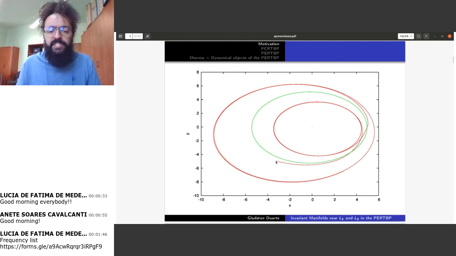Can you see my mouse if I point here? Yes. Okay, so here, Oterma is here, interacts with Jupiter, stays here. Mars's orbit should be around here, and Saturn should be around here. So Oterma stays here for a couple of decades and then gets to the region again.